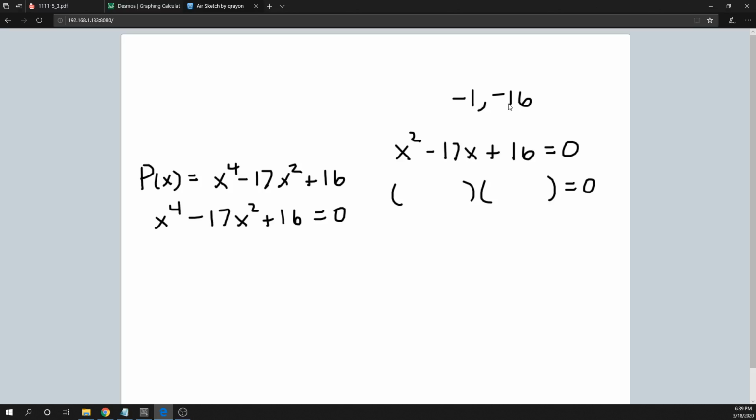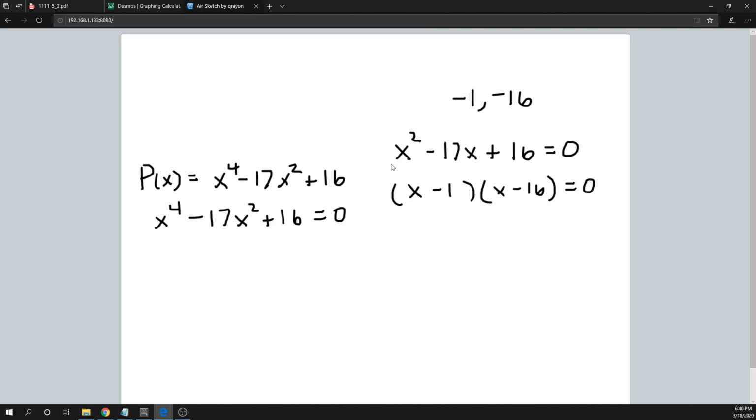Then, because the leading coefficient here is a 1, all we have to do is put those numbers in. Remember, that only works if the leading coefficient of the quadratic is 1. If there's anything else besides 1 with the x squared, then that's out the window. But if it's like this, x squared minus 17x plus 16, we know how to factor that with no problems.